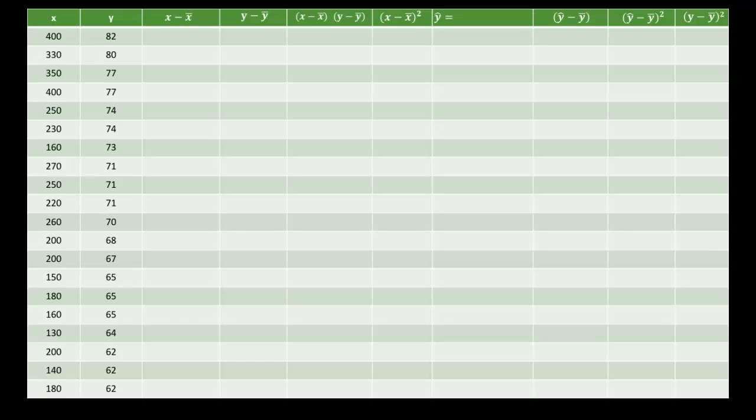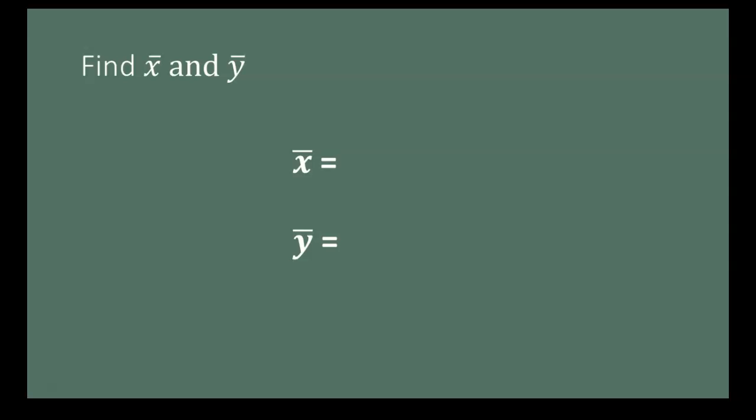Now, the next couple lists or columns in this worksheet are x minus x bar and y minus y bar. But we have our x's and we have our y's, but we don't have our x bar and we don't have our y bar. So we need to now find x bar and y bar.